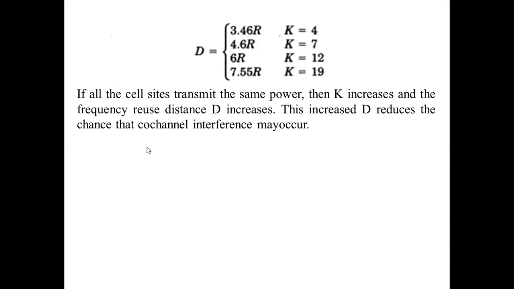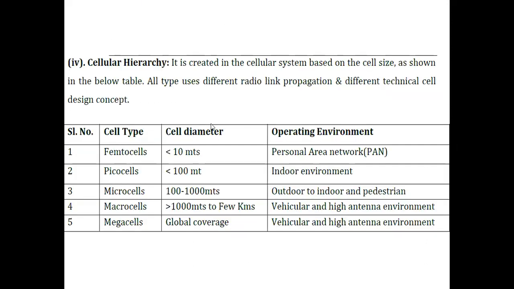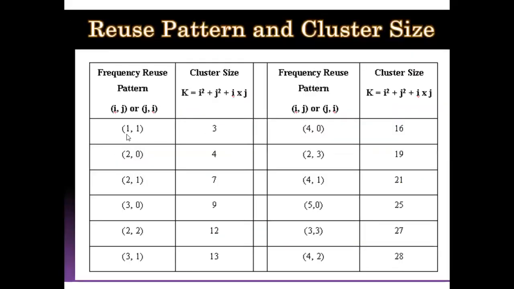The smallest value of k is 3, obtained by setting i equal to 1 and j equal to 1. As you have seen in this table, which I have already discussed with you, the minimum value of k is 3, and for getting k equal to 3, I have to set the value of i equal to 1 and j equal to 1.